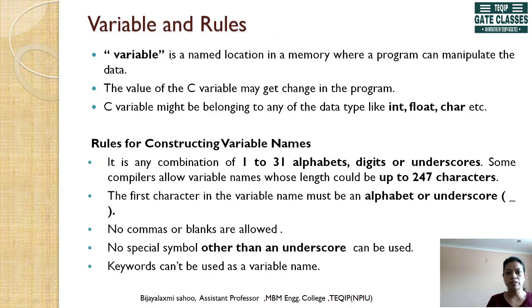Next, variables. From the word variable, that means it varies. So a variable is the name given to the memory location. In layman's terms, just like all of you use a wallet, in your wallet you have different sections.